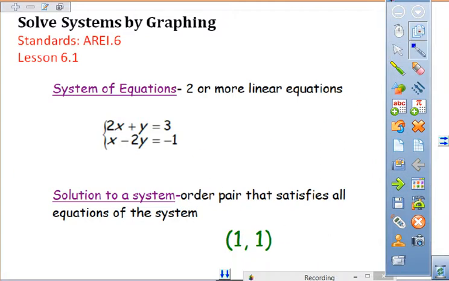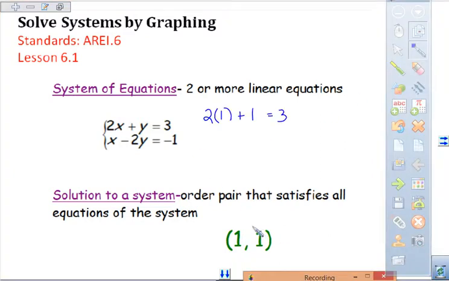If I plug that in, I'm looking at this being the x value, this being the y value, so I'm plugging the x in here, the y in here. I get 2 times 1 plus 1 equals 3. So this is 2 plus 1 more is 3. That does satisfy this equation.